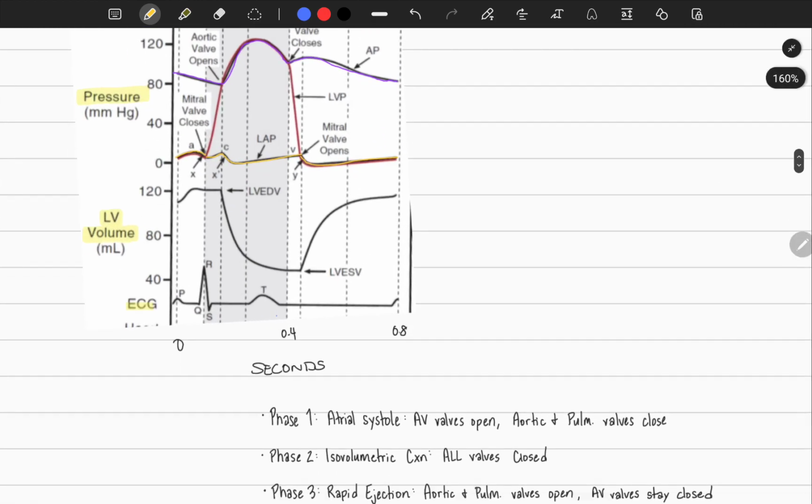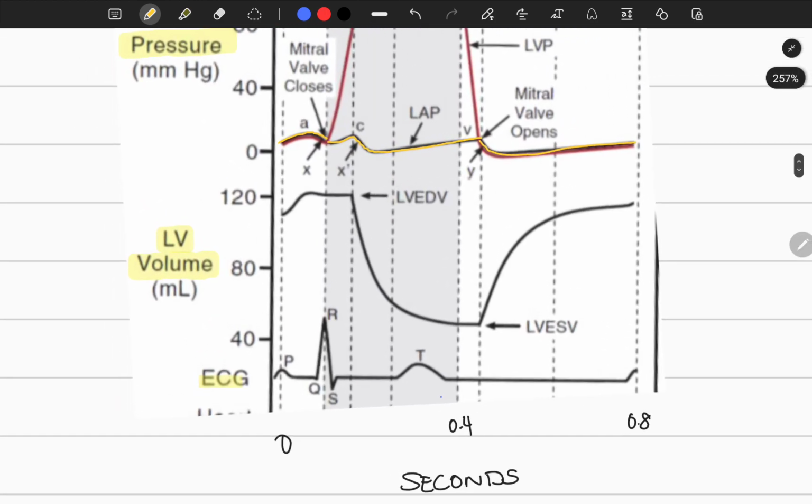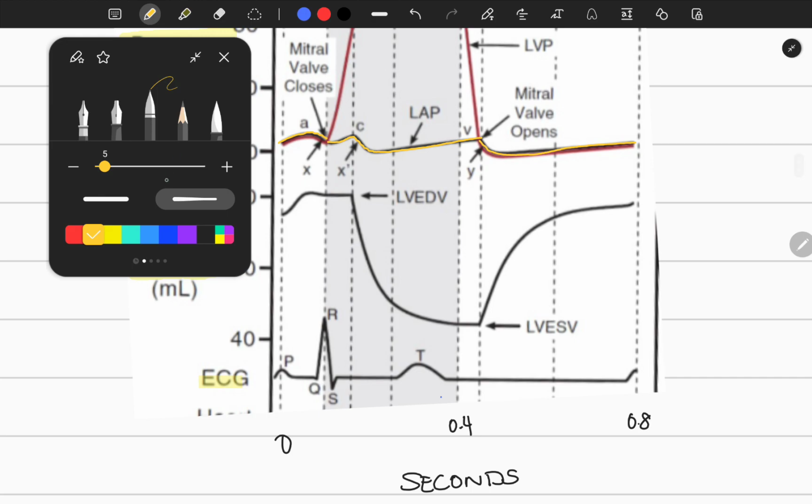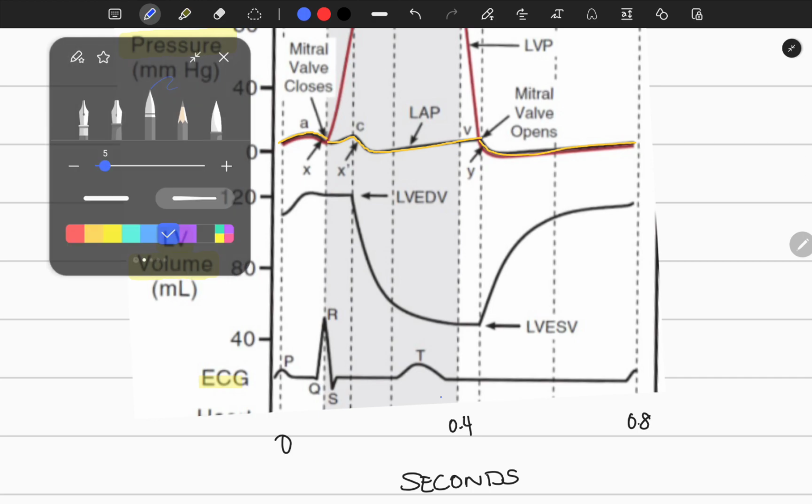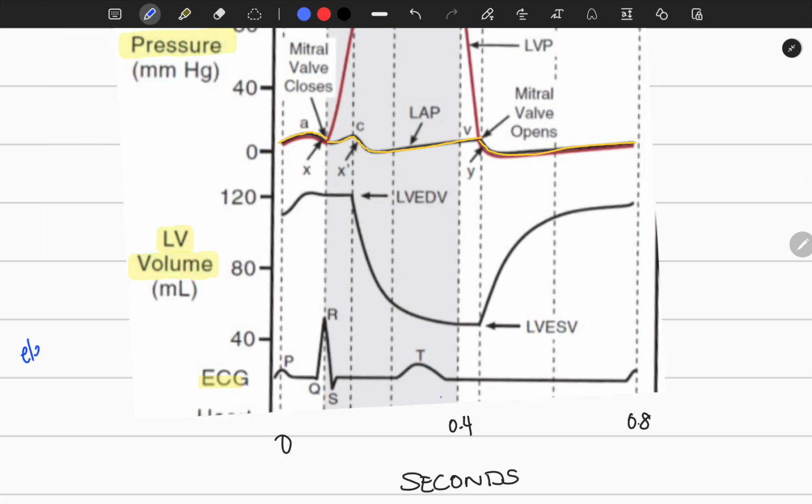So let's start from the bottom. We have EKG, ECG. Like I've already said, this is the electrical impulse of the heart. So before even the P wave, it would be a plateau here, and that would be the development of a contraction.